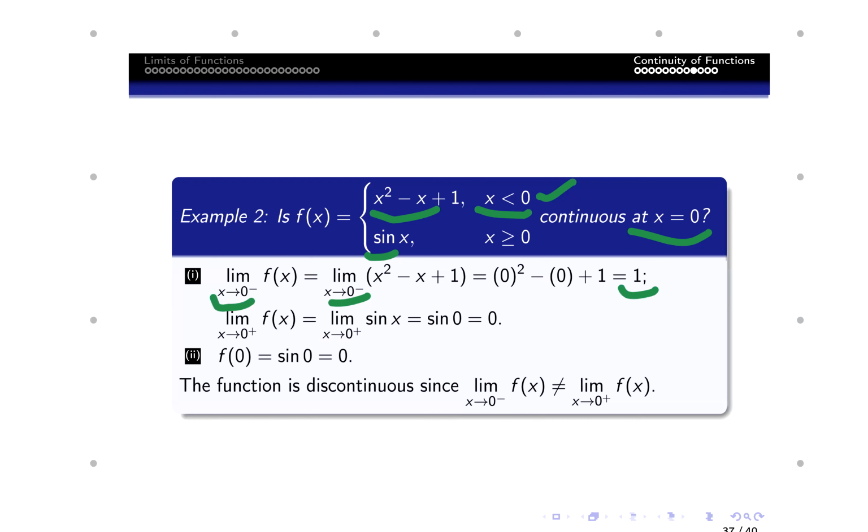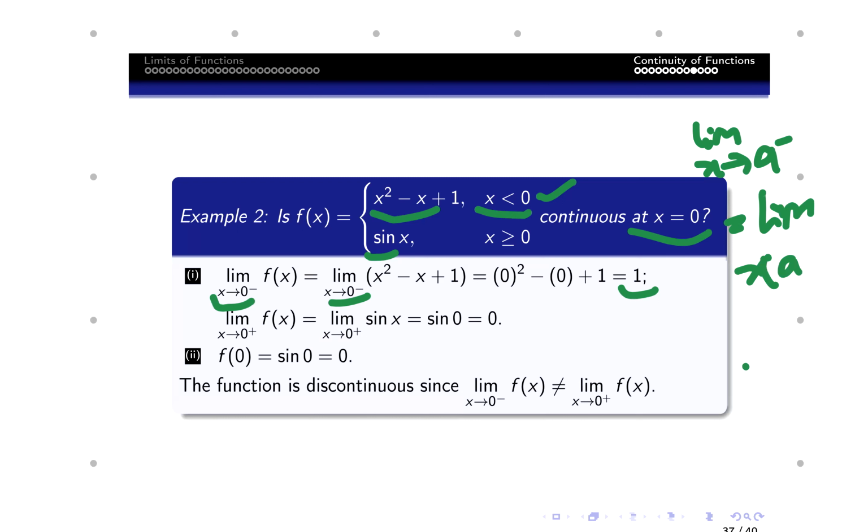Don't forget, one of the definitions I talked about for limit is that a function only has a limit if the limit as x approaches a from the negative side is equal to the limit as x approaches a on the other side.